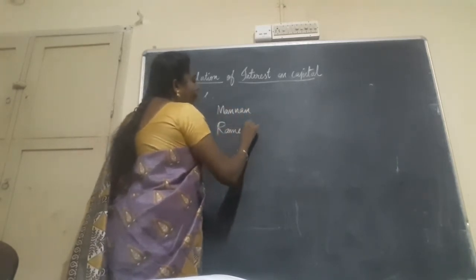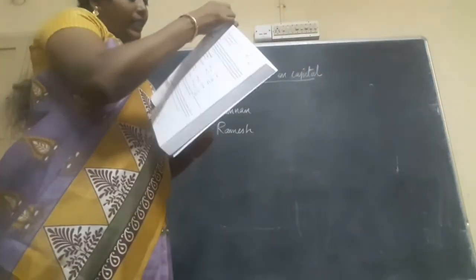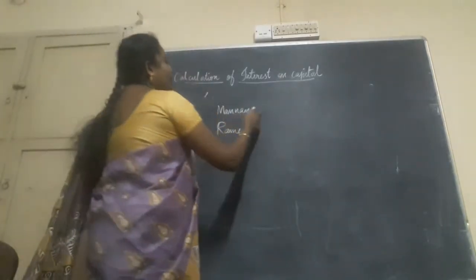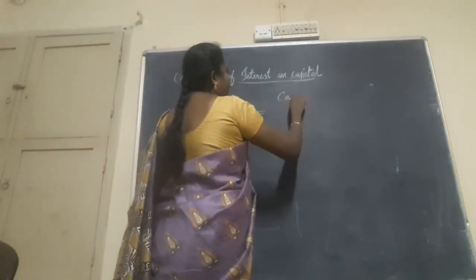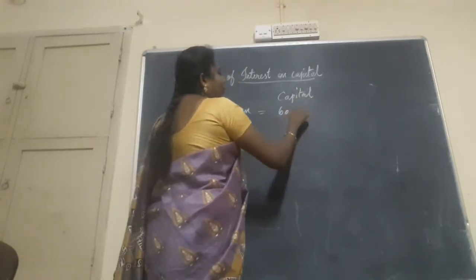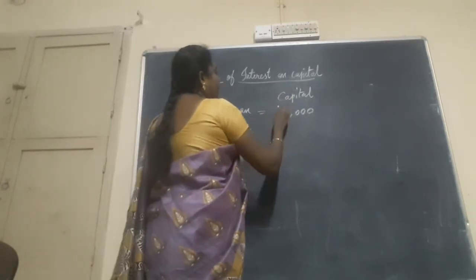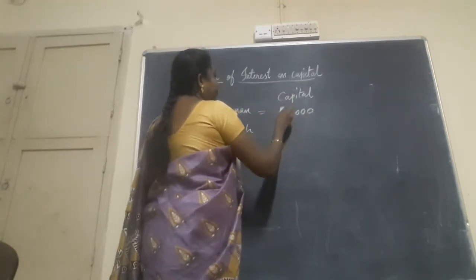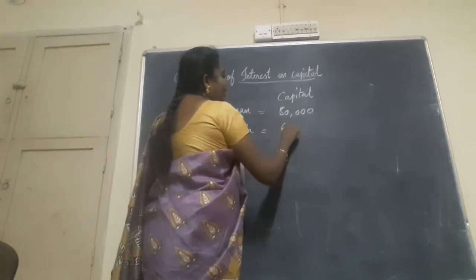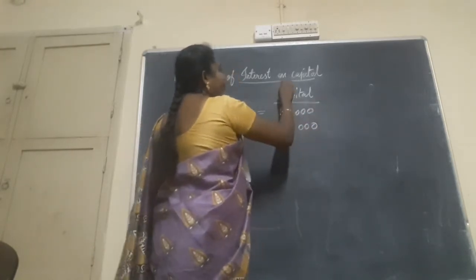So what's the capital amount for Mannan? 80,000. And here 60,000 for Ramesh. This is the amount of capital.